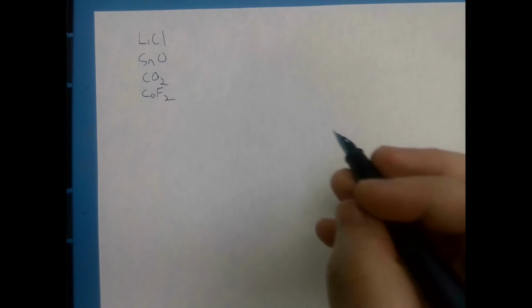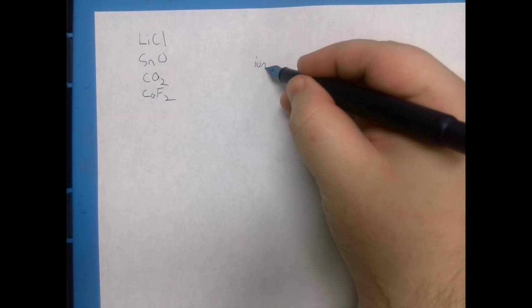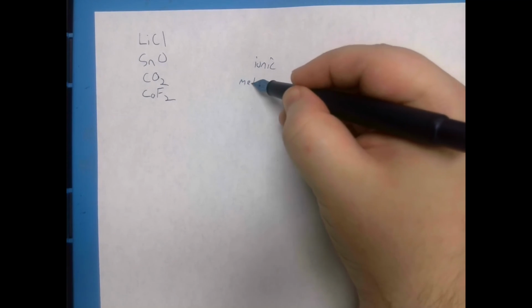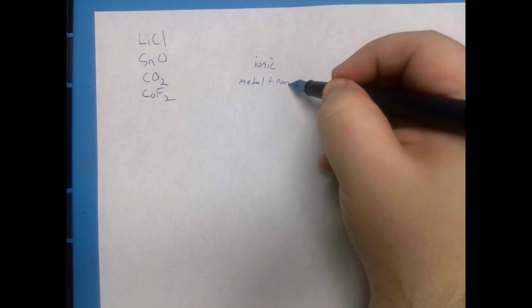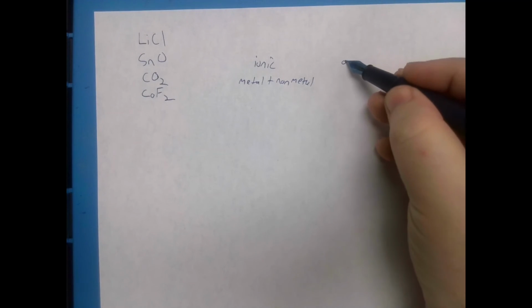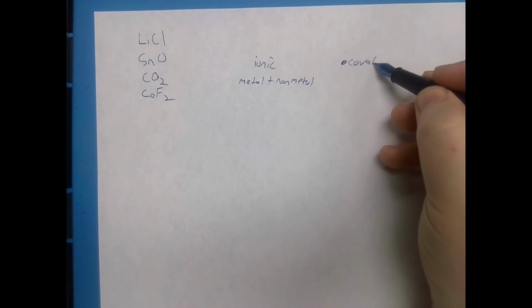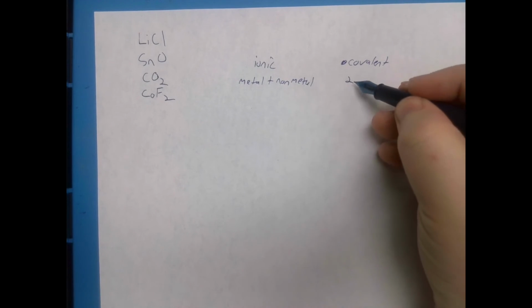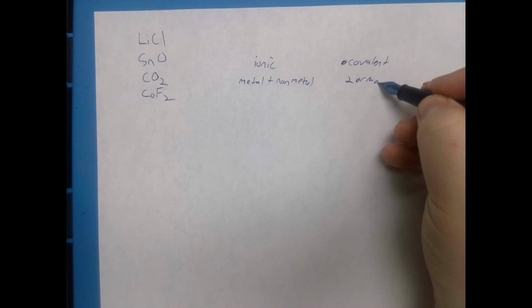Exactly. So you can go through the list of EN values and see which ones are greater than 1.7. That's what I recommend you do. But you can also remember that ionic is usually a metal plus a non-metal, while covalent is often two or more nonmetals.